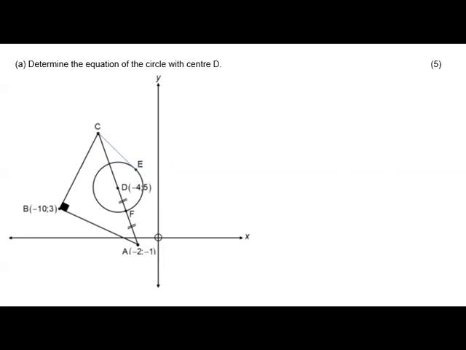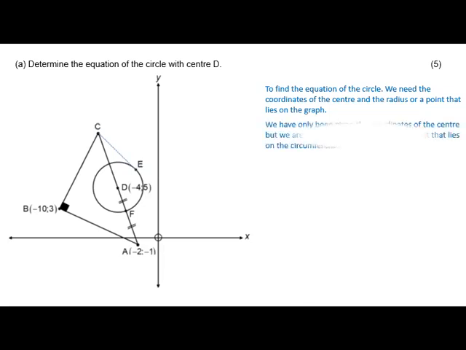And the first thing I wrote is that to find the equation of the circle, we need the coordinates of the center and the radius, or a point that lies on the circumference of the circle. We have only been given the coordinates of the center, but we are missing either the radius or a point that lies on the circumference.